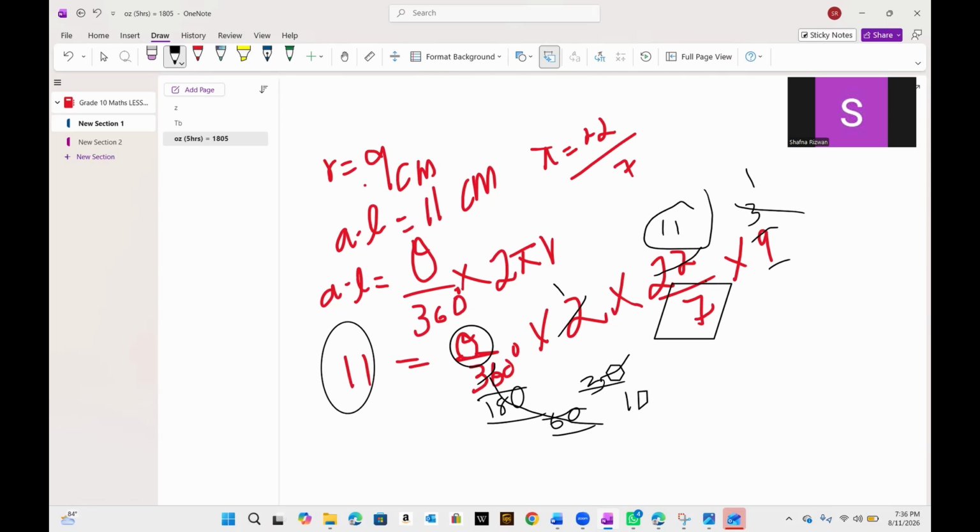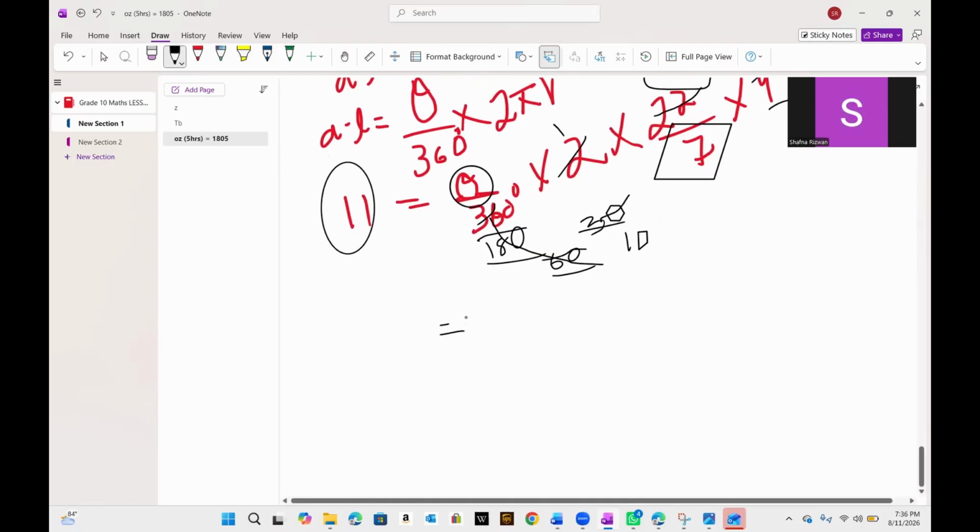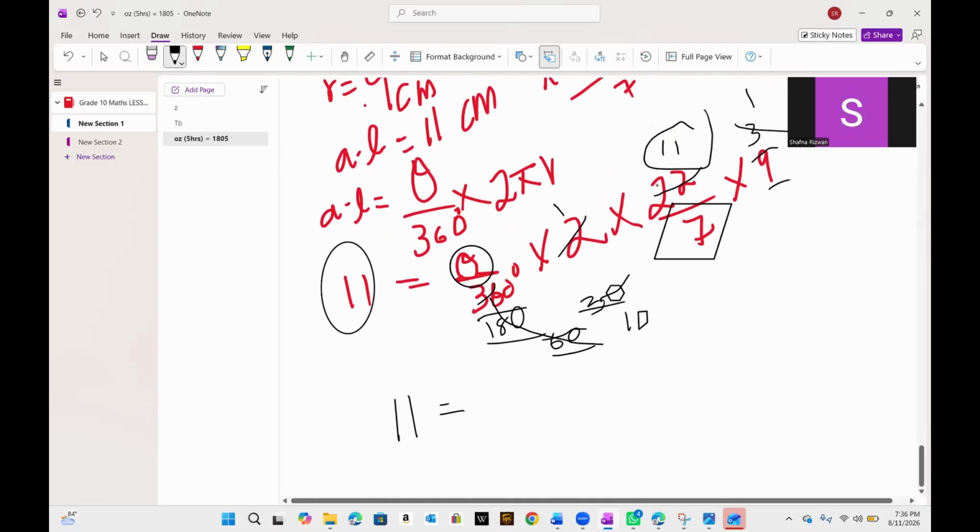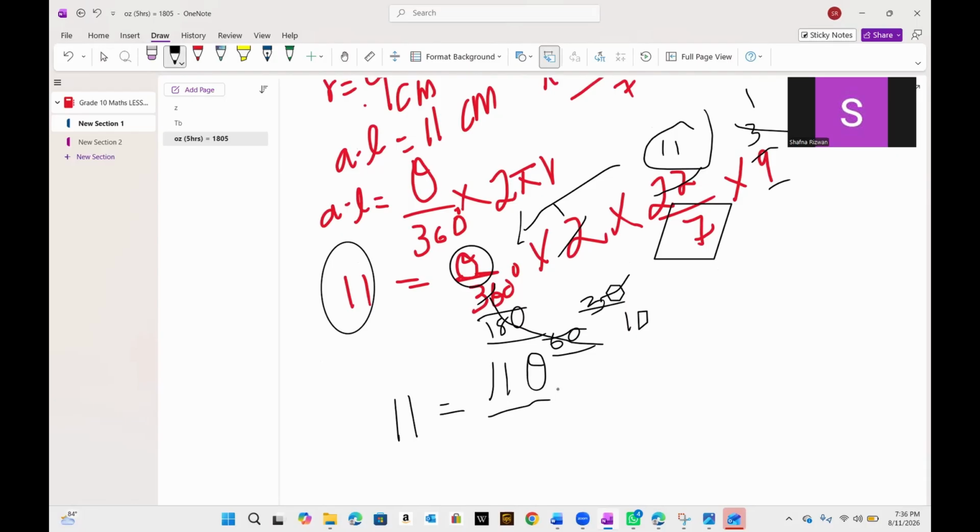Right? It's important to simplify. Alright. Now it is equal to how much? 11 here. 11 multiplied by theta is 11 theta over the bottom. What did you have? 7. So divide by 7.